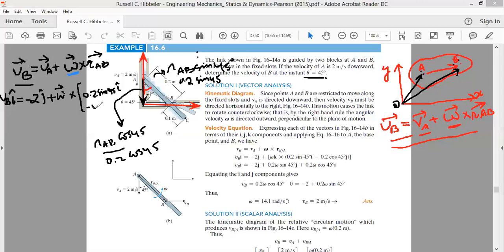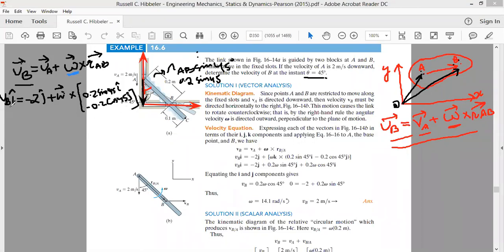So this is how it goes. These are the two components.